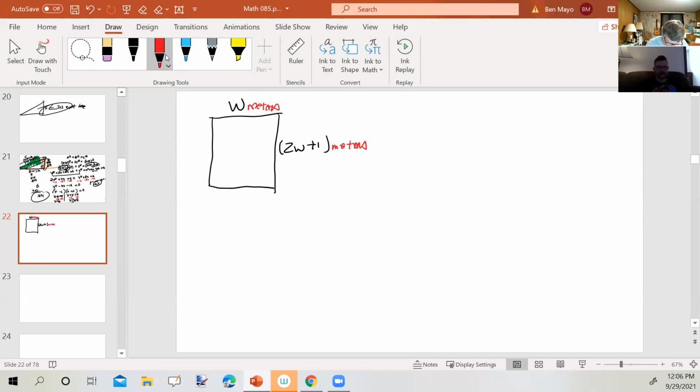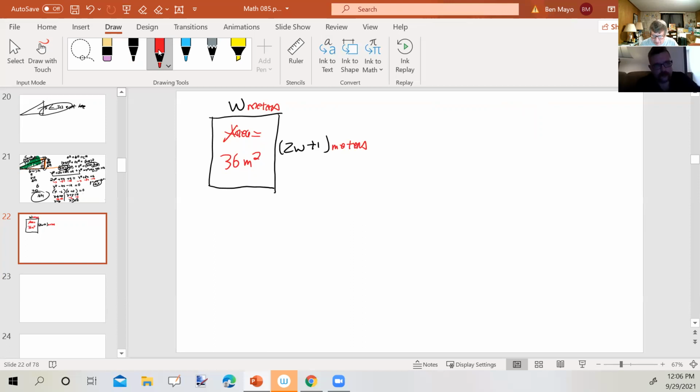And we're told that the total area is 36 square meters.